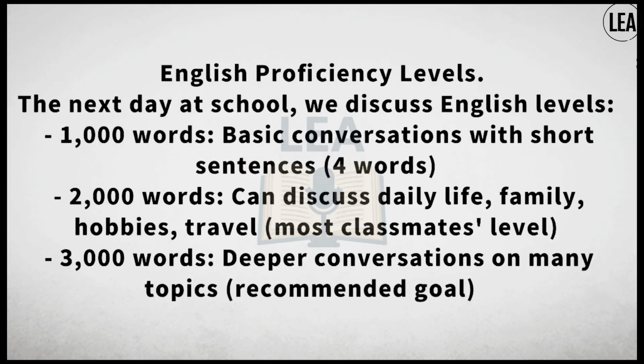English proficiency levels. The next day at school, we discuss English levels. 1,000 words, basic conversations with short sentences, 4 words. 2,000 words, can discuss daily life, family, hobbies, travel, most classmates' level. 3,000 words, deeper conversations on many topics, recommended goal.